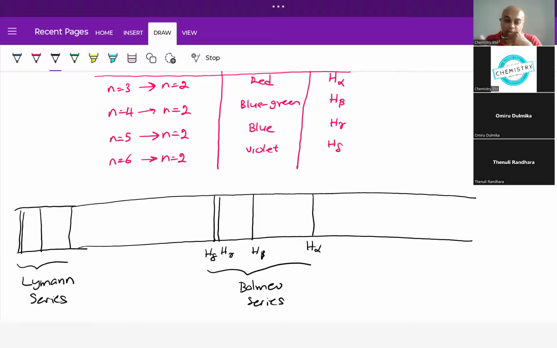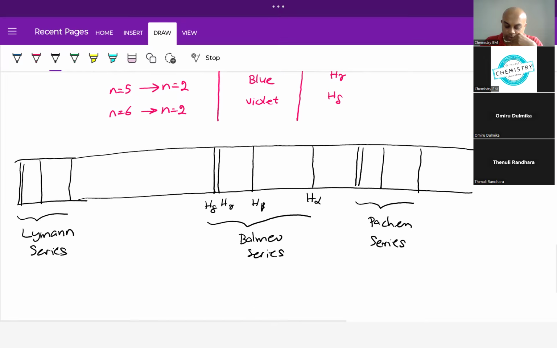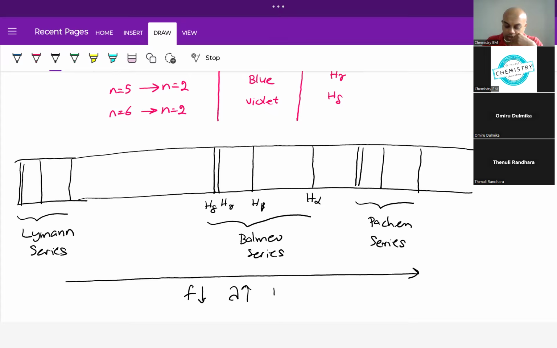Frequency එක අඩු වෙන පැත්තට gap එක අඩු වෙනවා series දෙකක් අතර, right? So the Balmer series is somewhere around here. So this is partial series. So in this direction, frequency is decreasing, lambda is increasing, and energy is also decreasing.